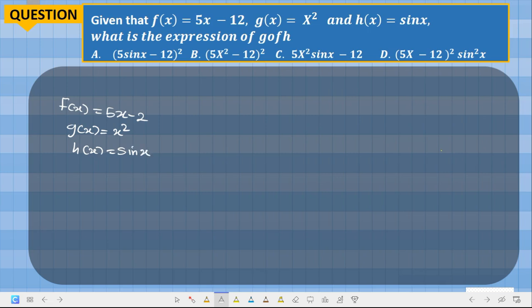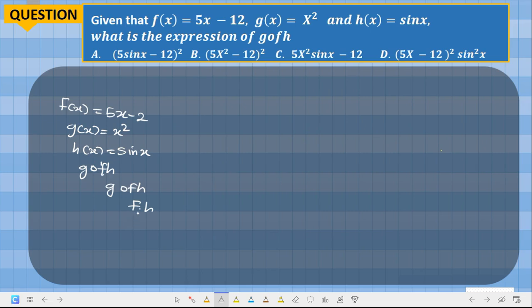Now the question says, what is the expression for g of f of h? First of all, before we find g of f of h, let's look at f dot h.